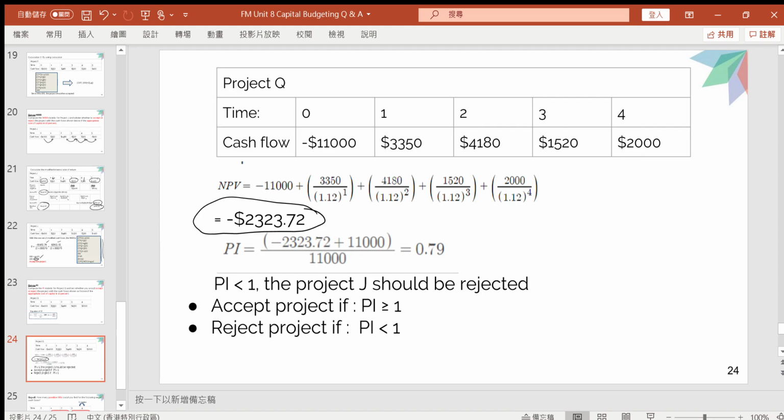Finally we can work out the PI, that is 0.79, and according to the benchmark, if it is less than 1, that will be reject. Because it is less than 1, we will reject this project. If it is larger than 1 or equal to 1, then we will accept.